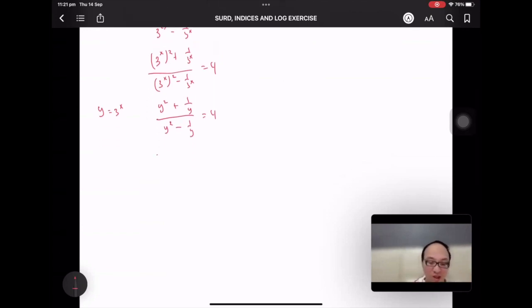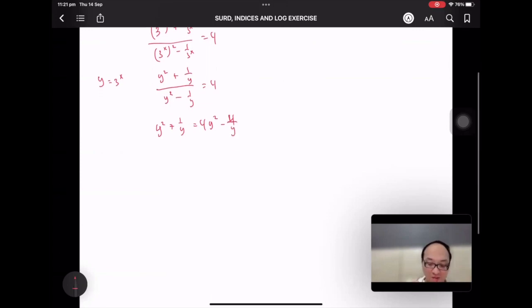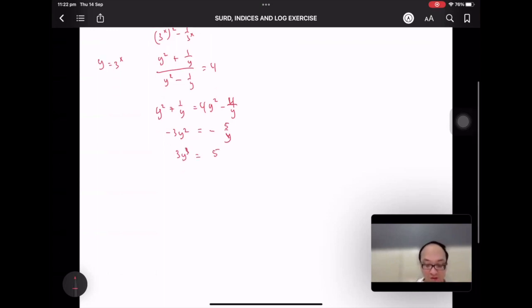Cross multiply: y squared plus 1 over y equals 4y squared minus 4 over y. And then I can combine it: negative 3y squared equals negative 5 over y. So that means 3y cubed equals 5. So y cubed is 5 over 3. So y is the cube root of 5 over 3.